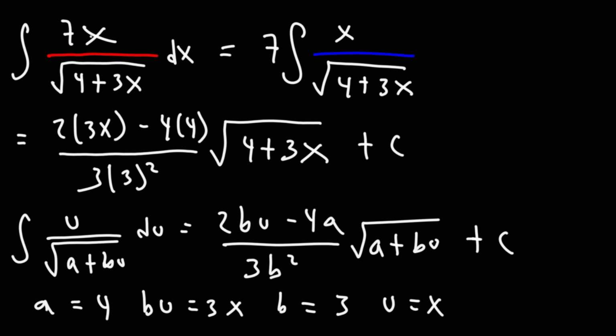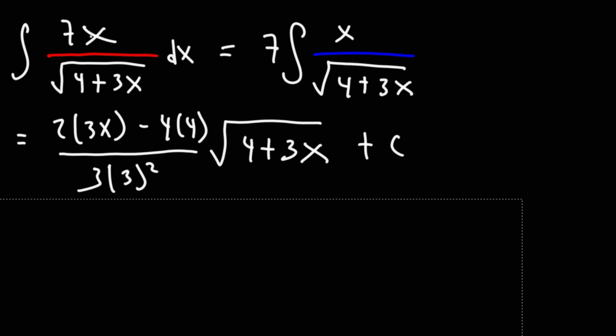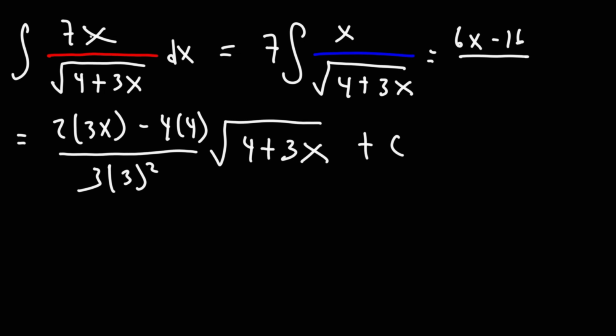So this should be our answer. But first, let's simplify our answer. So 2 times 3x is 6x, 4 times 4 is 16, 3 squared is 9 times 3, which is 27, and then we have the square root of 4 plus 3x plus c.